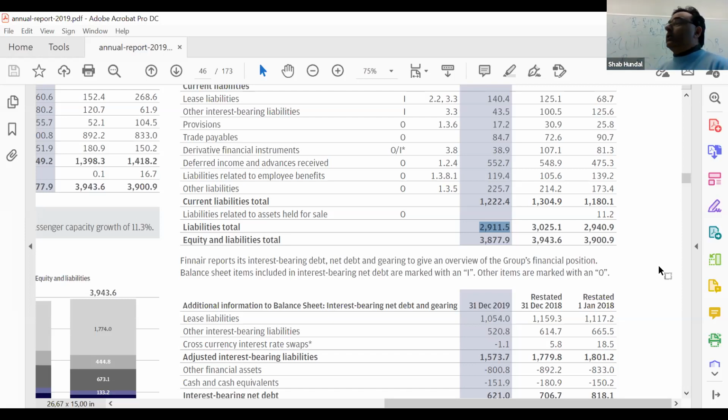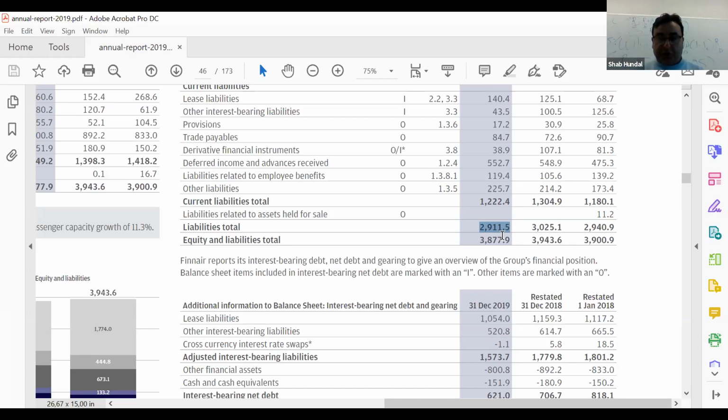Right? So now you have RE information, RD. How much debt and equity you have, you need to know what percentage you have equity and what percentage you have debt. The company's total value is 3877.9.